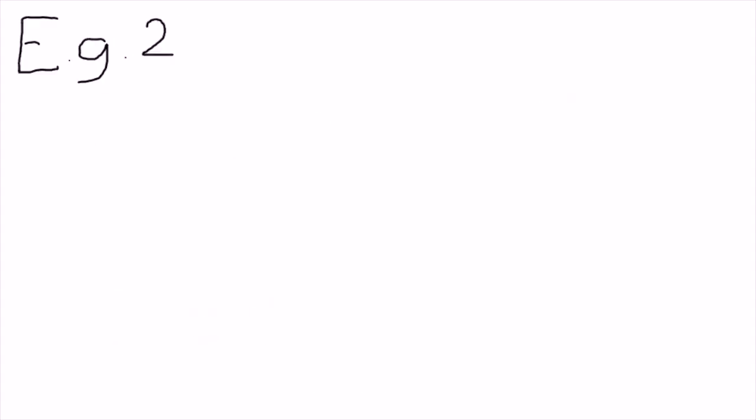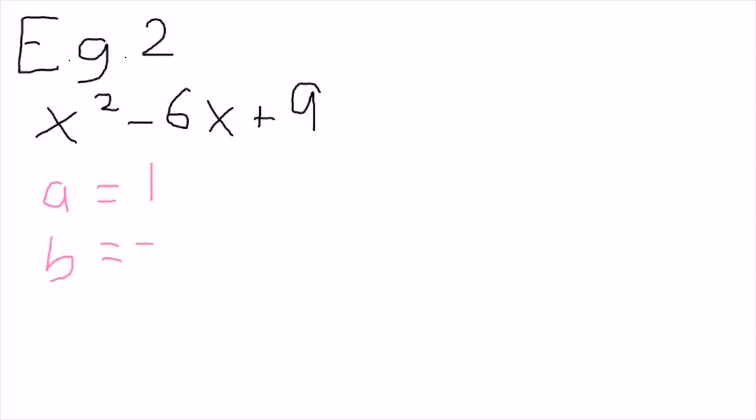So you are given the equation x squared minus 6x plus 9. As you know, a is equal to 1, b is equal to minus 6, and c is equal to 9. We know this is a, b, and c as they are gained by the coefficients in each term. And you know the formula to find the discriminant is delta is equal to b squared minus 4ac.